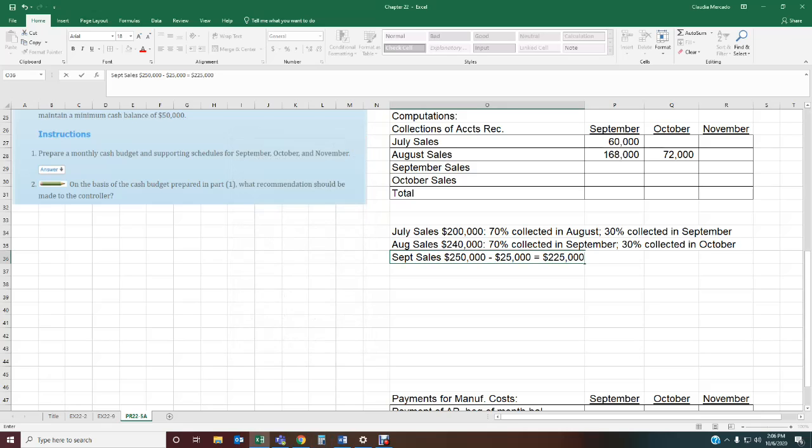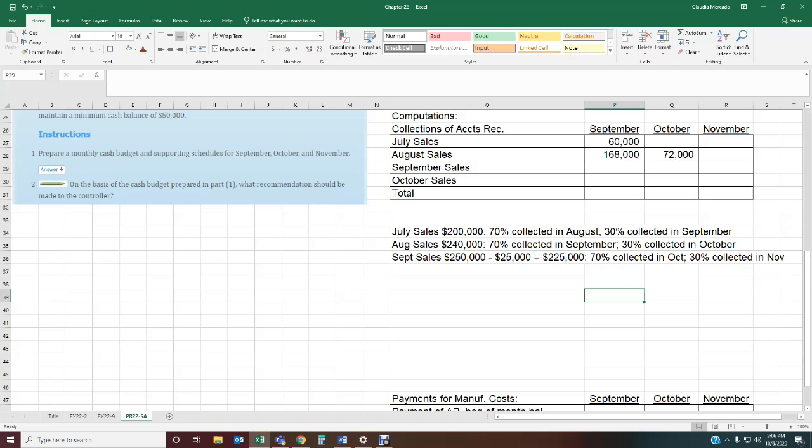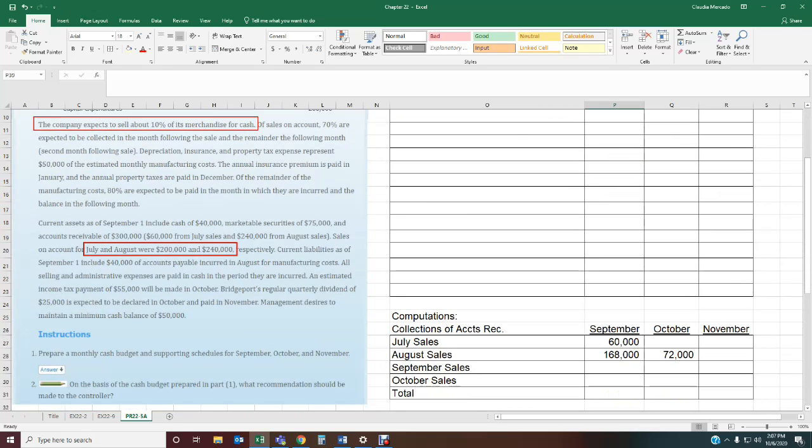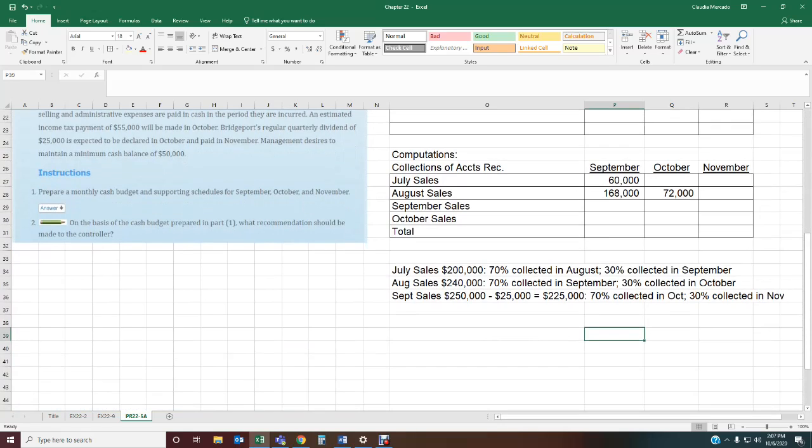From there, I can say that for those 225,000, 70% are going to be collected in October, and then 30% are going to be collected in November. So remember, for your September sales, you need to subtract your cash sales of 25,000 from the total sales of 250,000, and that gives you the sales on account, which is the 225,000.